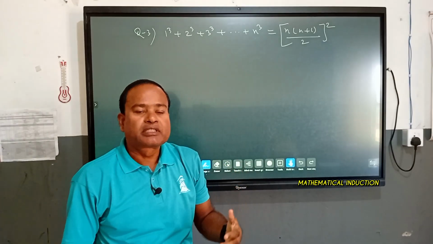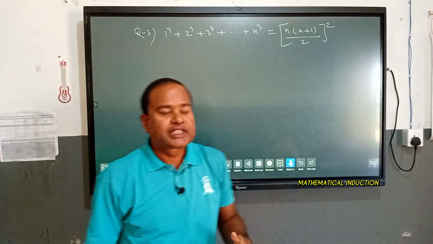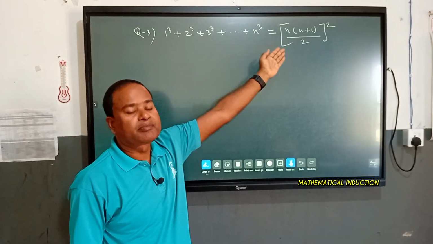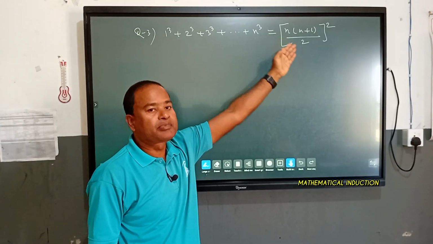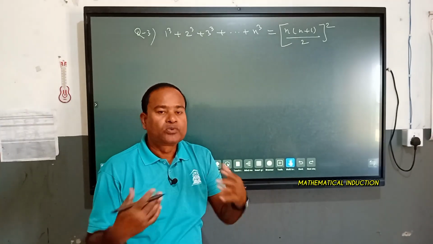Dear students, we know that the sum of the cubes of first n natural numbers is given by the formula n times n plus 1 divided by 2 whole square.